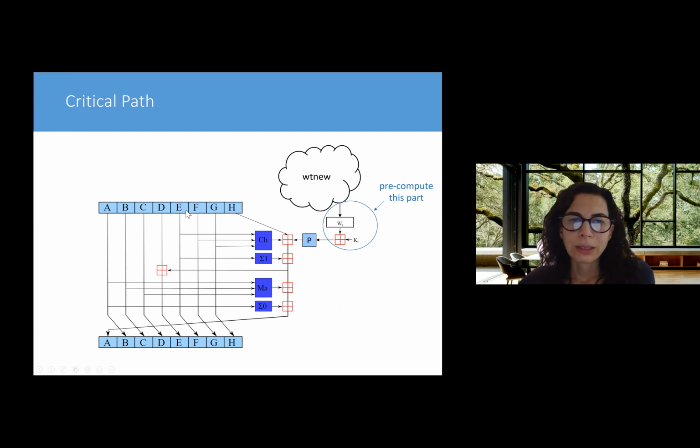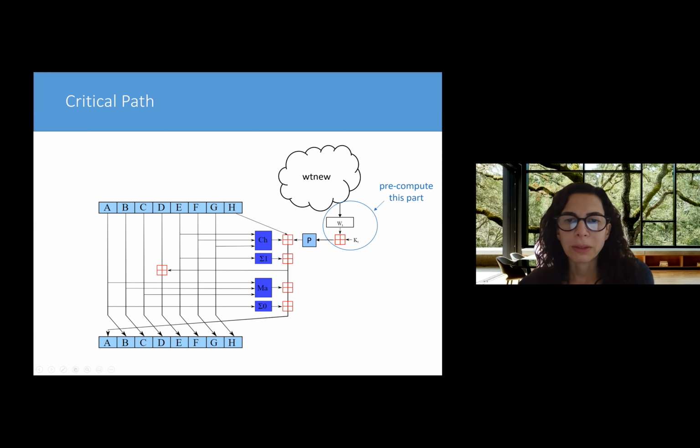The content of E is going to go to S1, and this also is going to get input from the KT and WT, which are combined with some operation, and then get through this P, and then they're going to be combined with the register H, and that is going to create this CH.